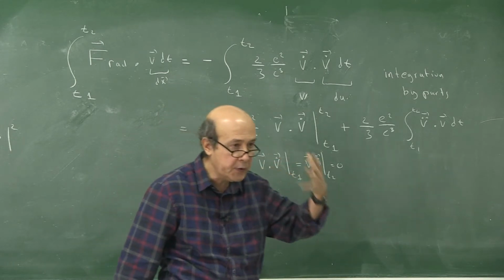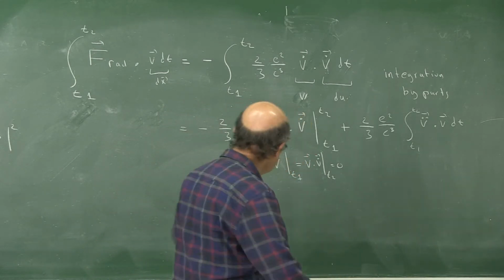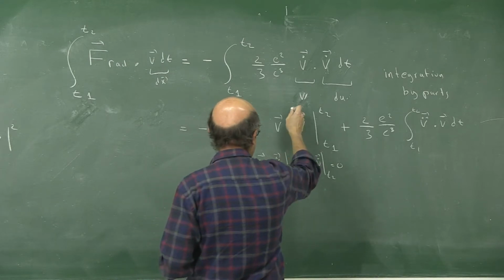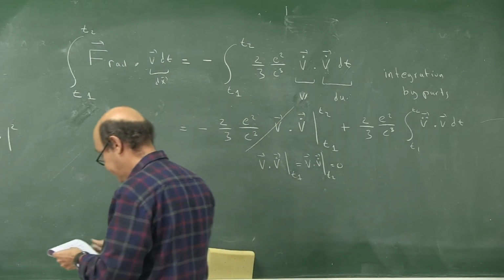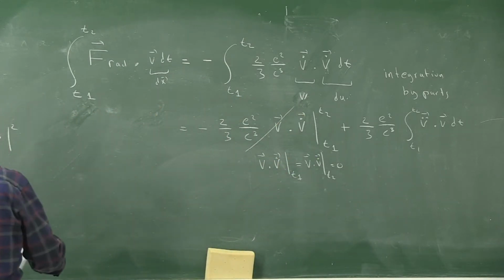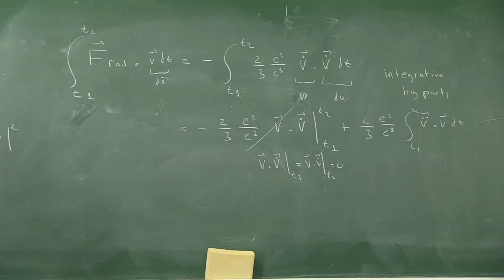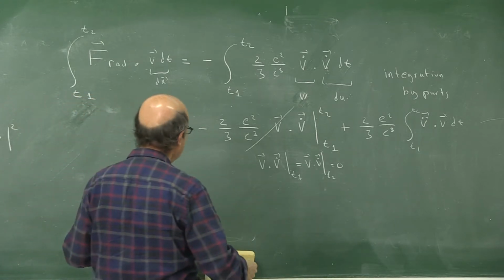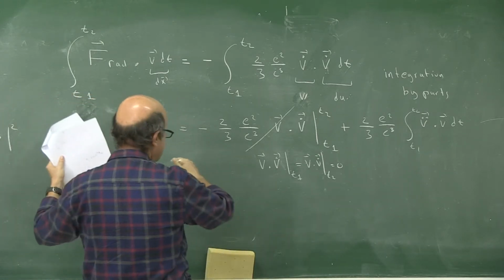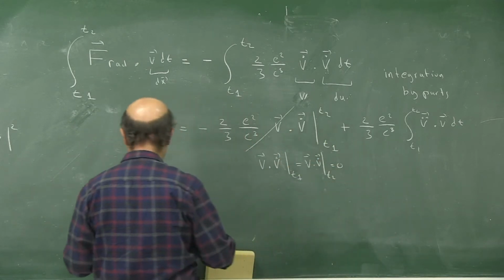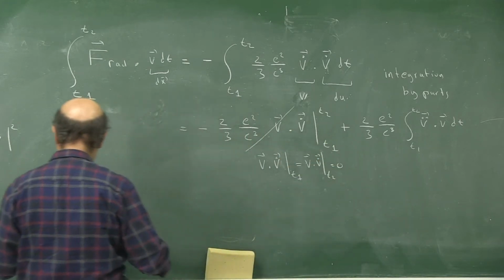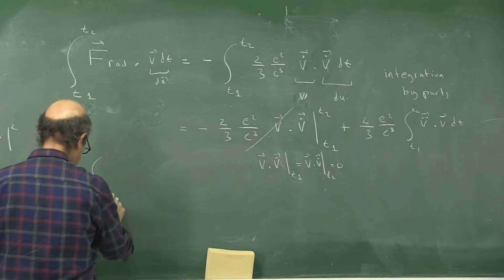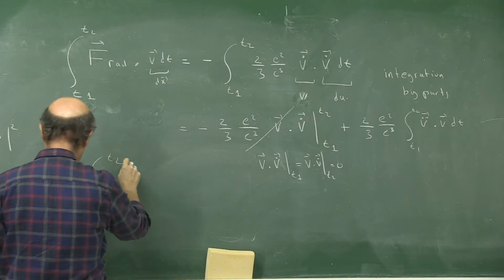This is valid in periodic motions. So basically, we will ignore the first part, and then we can collect the left hand side and right hand side in the parentheses of v dt, and this goes from T1 to T2.